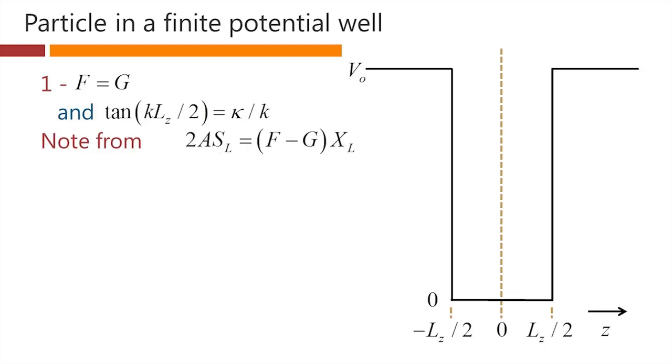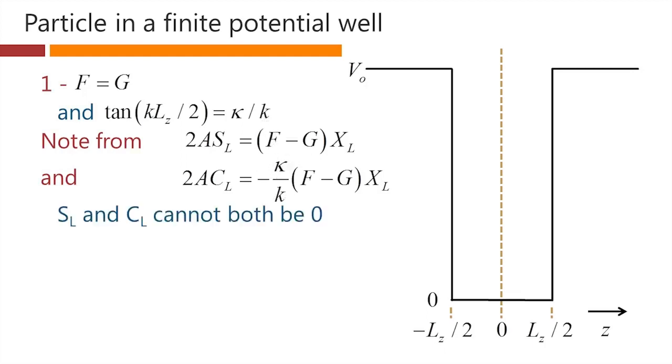Well, note from this equation that we had here, and this one that we had there, that if f is equal to g, this is 0 and this is 0, so the right-hand side of both of these equations are 0. But it's not possible for SL, the sine, and CL, the cosine, to be 0 at the same time. If the sine is 0, the cosine isn't 0, and if the cosine is 0, the sine isn't 0. So the only way that these equations can work is that A is equal to 0. Hence, inside the well, A has to be equal to 0.